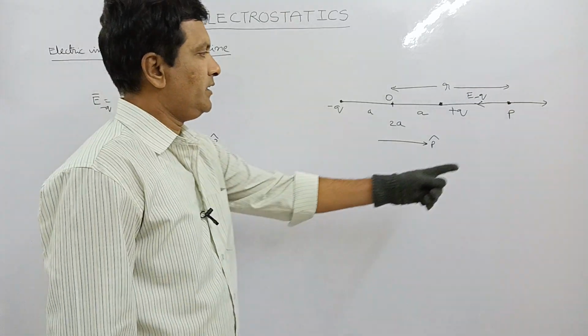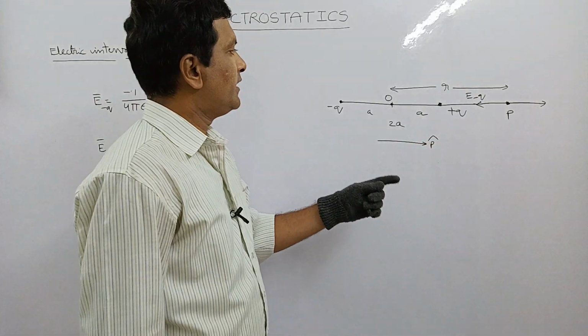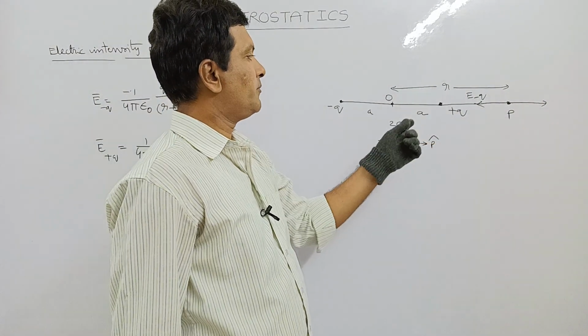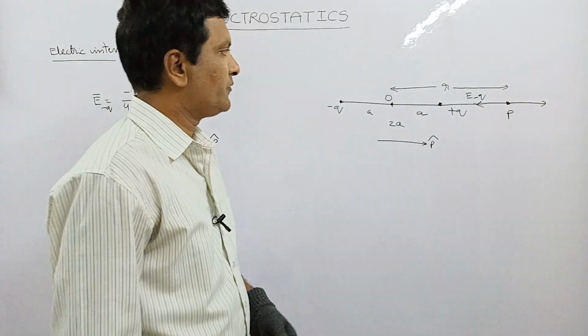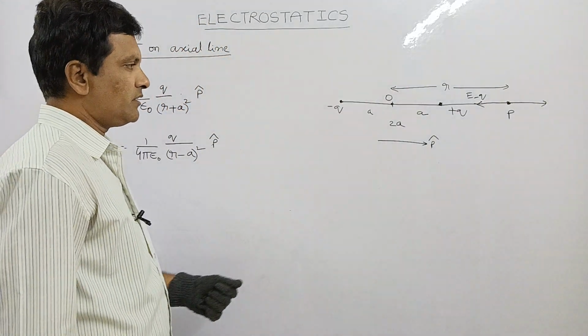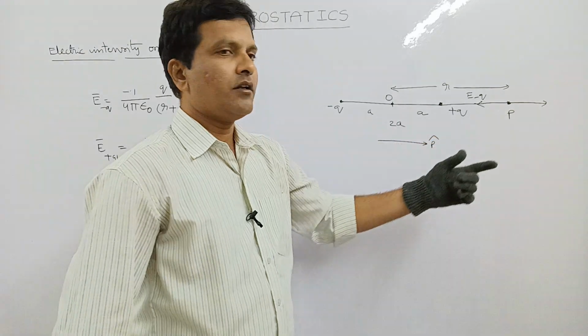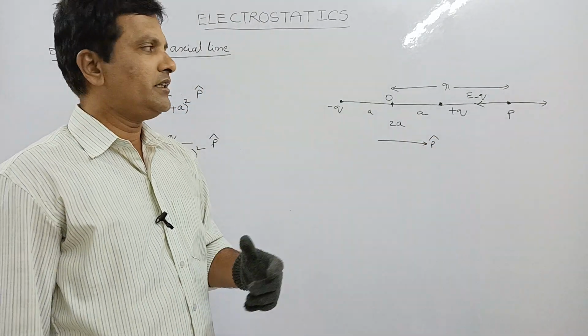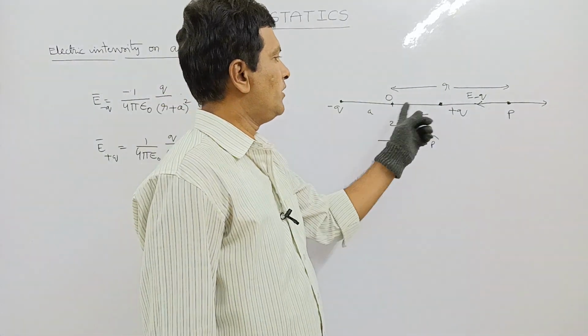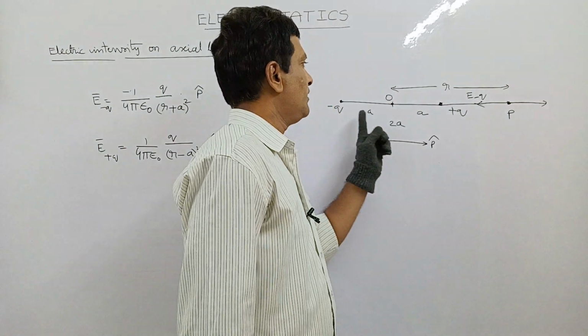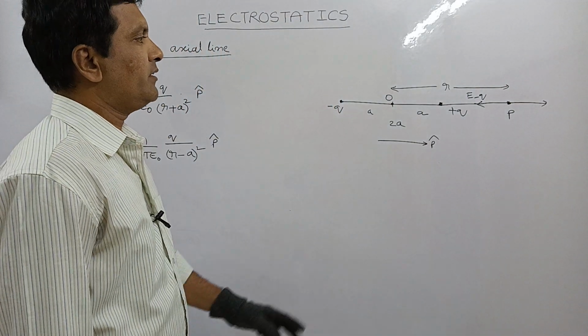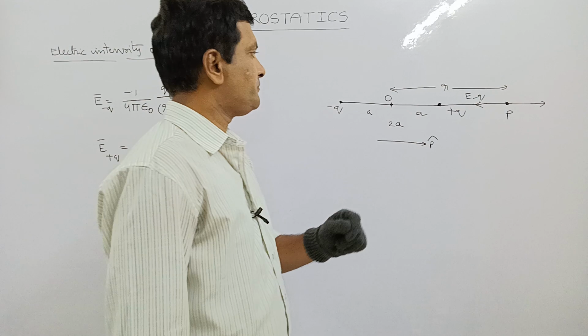We have considered a point here because we are calculating the electric field intensity due to this dipole on the axial line of the dipole.